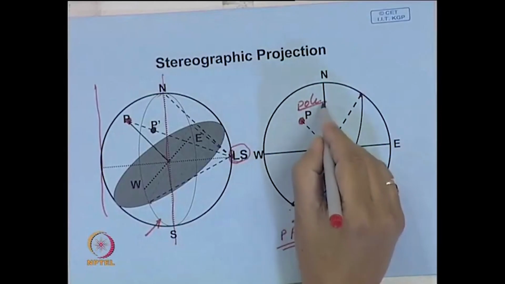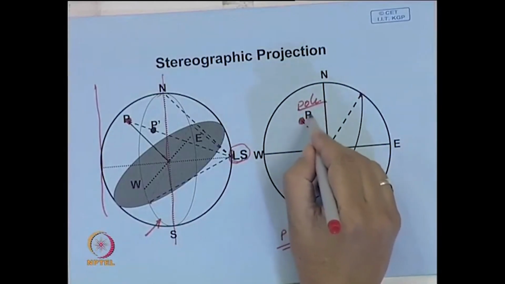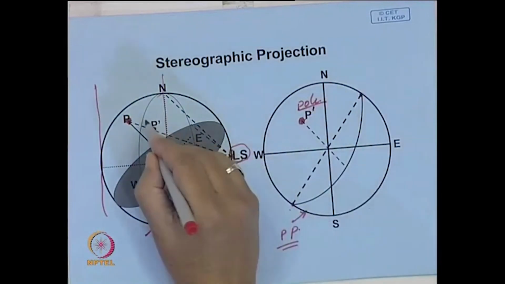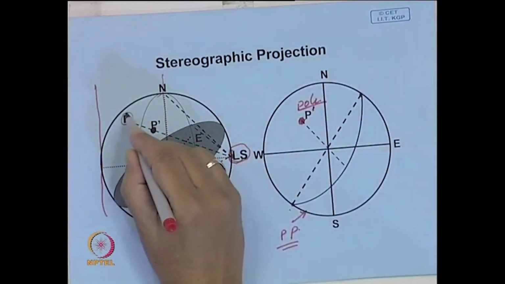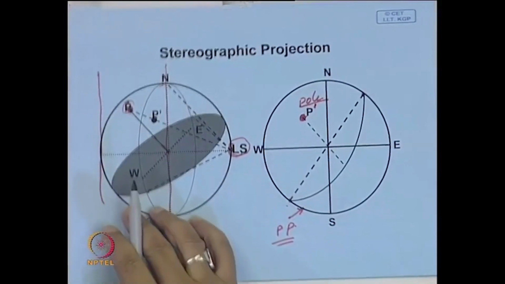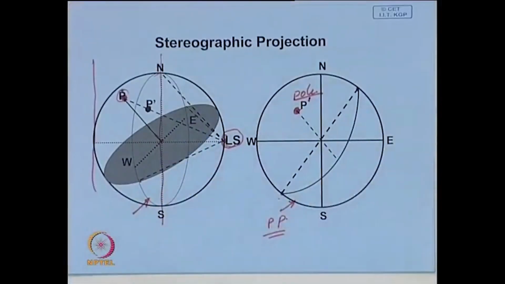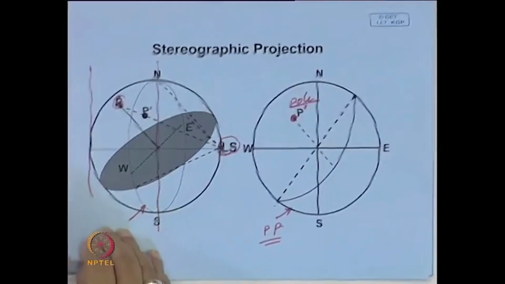In this case, we call this point P the stereographic projection of this pole P. In this type of projection, what is retained is the angular relationship, and these angular relationships are maintained. That is why we call this an angle-true projection.